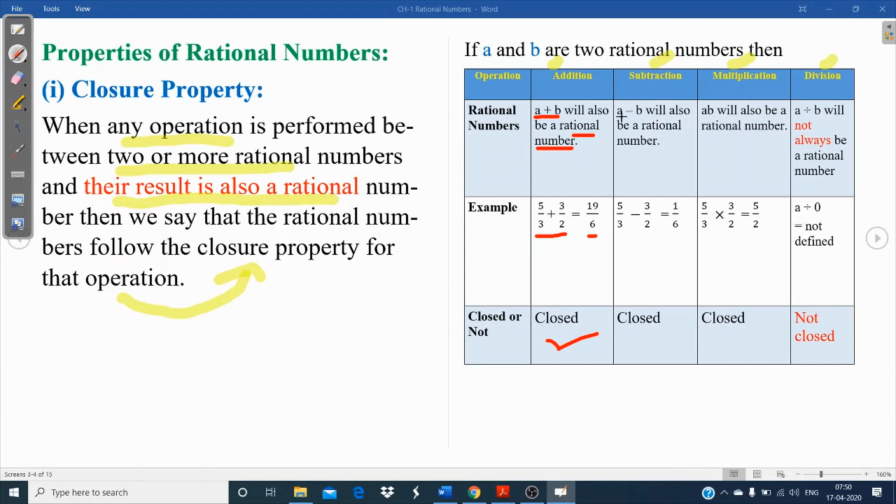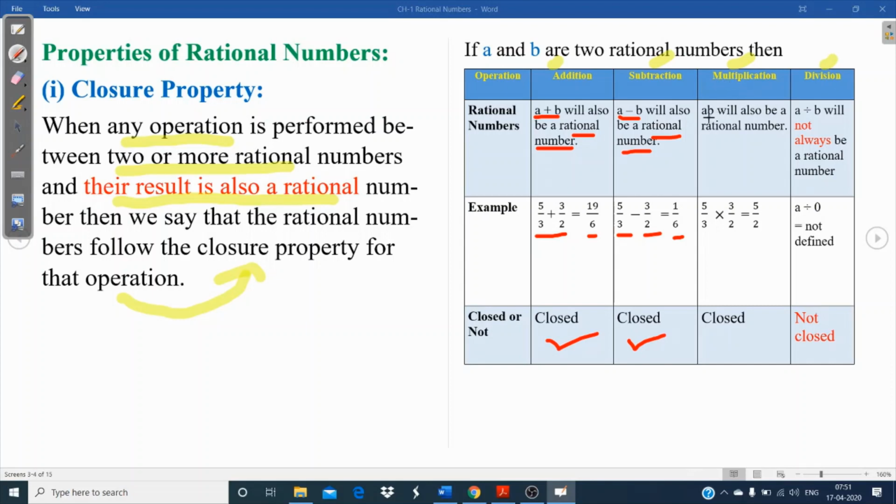Similarly, in subtraction, whenever you are subtracting two rational numbers, you will always get a rational number as a result. Here also you can see this. Two rational numbers are subtracted and you are getting a rational number as a result. That's why in subtraction also, it is closed under the closure property.